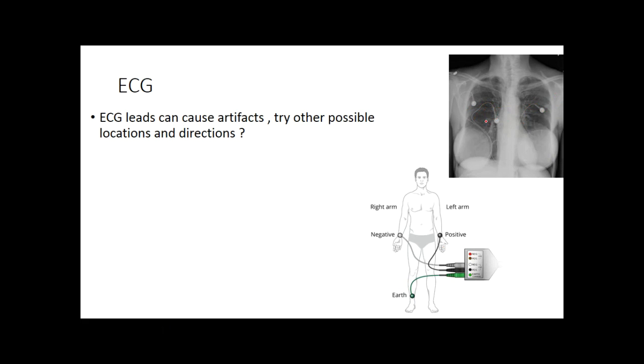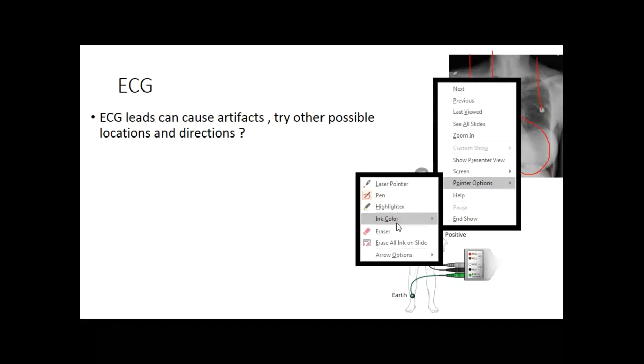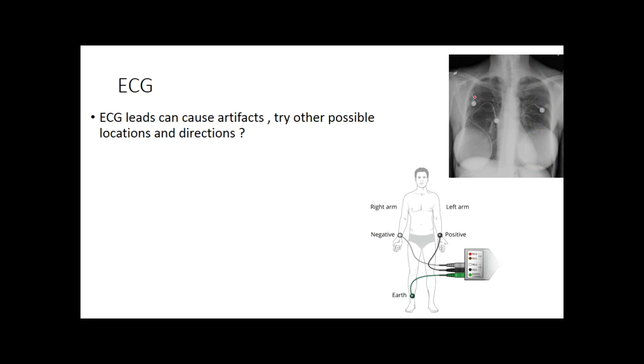So if your area of interest is the heart, your leads should be positioned from up. If your area of interest is the apices, your leads should be directed downwards.